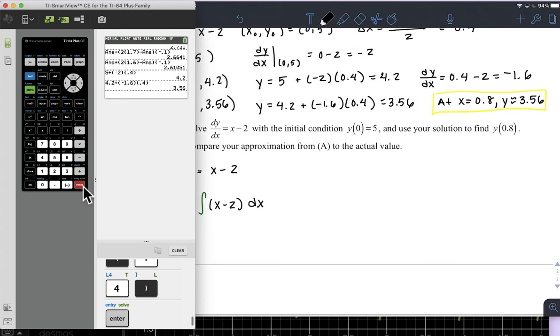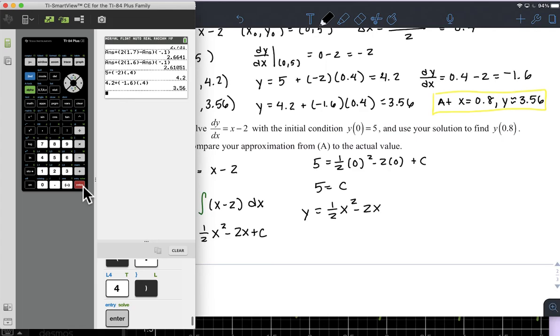So I get that y is equal to 1/2 x squared minus 2x plus c. So using my initial condition, I know that 5 is equal to 1/2 times 0 squared minus 2 times 0 plus c, which means that 5 is my c value, which means my curve is actually 1/2 x squared minus 2x plus 5.